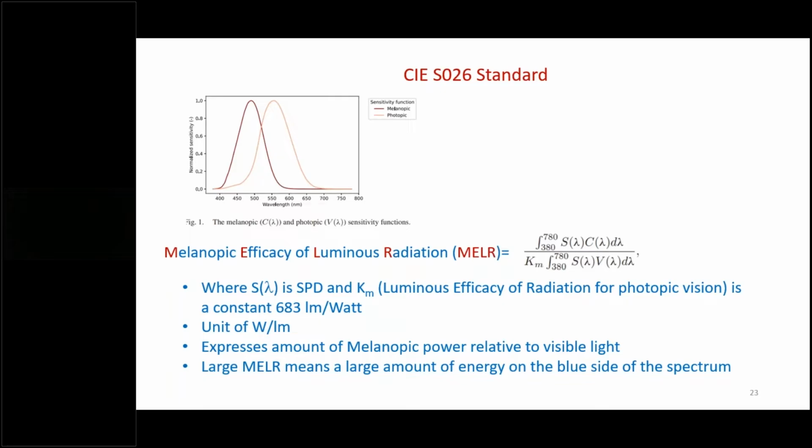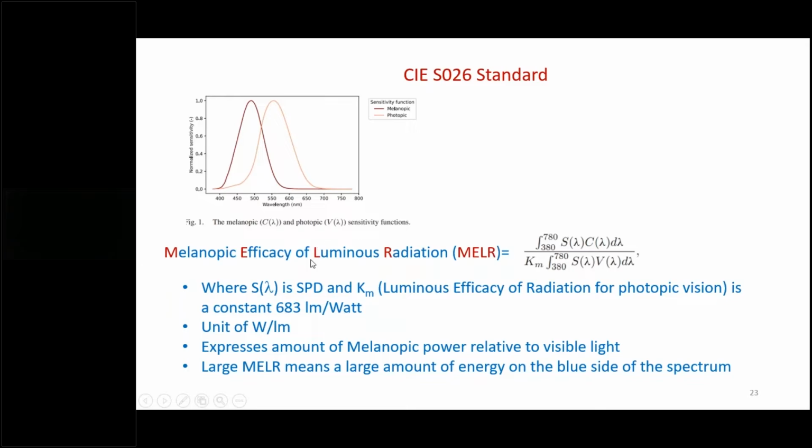So the first parameter that I would like to talk about is the melanopic efficacy of luminous radiation, or MELR. In this graph over here, you can see the melanopic action spectrum, which is centered around 490, and this is the photopic function, which is at 555.